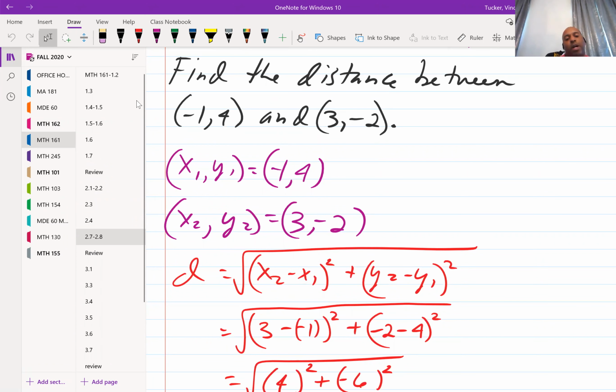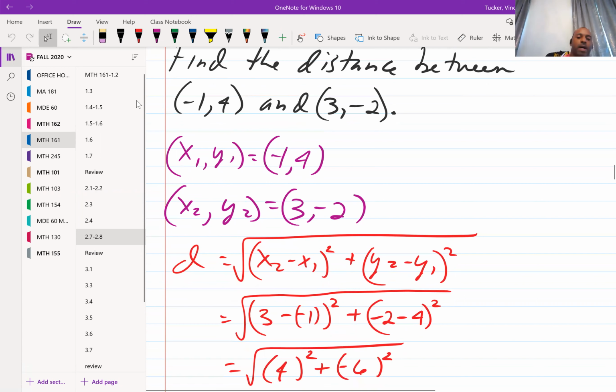So x2 is 3, x1 is -1, so make sure you don't lose a negative. Then y2 is -2, y1 is 4. So we have 3 minus -1 squared, plus -2 minus 4 squared.